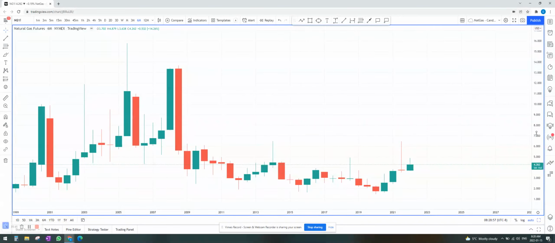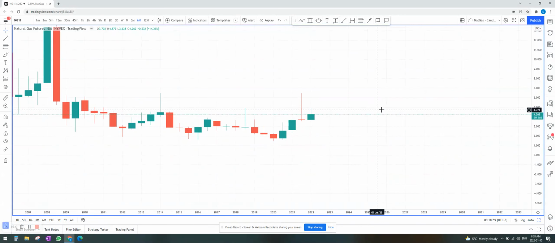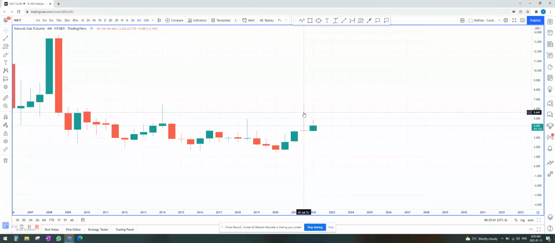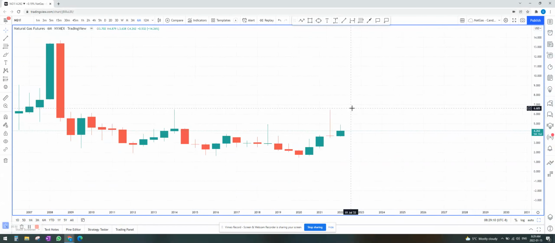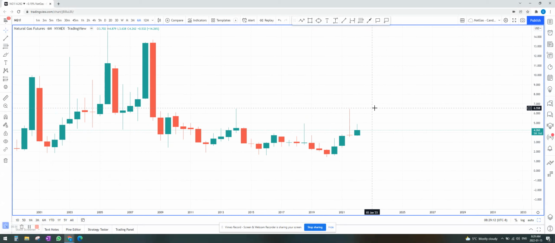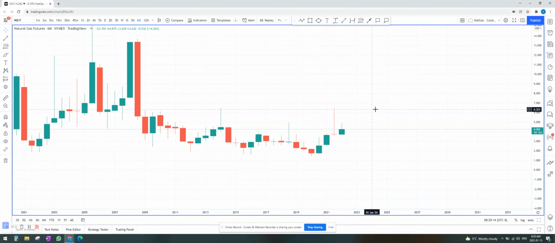Semi-annual has a very distinctive candle. In the last 6 months of 2021, we had a gravestone doji. This is a very strong bearish candle. Usually these gravestone dojis resolve down, they push the stock down.